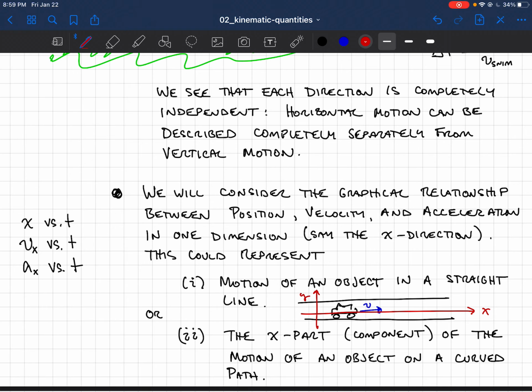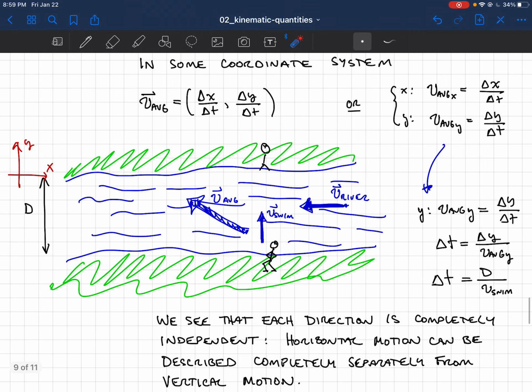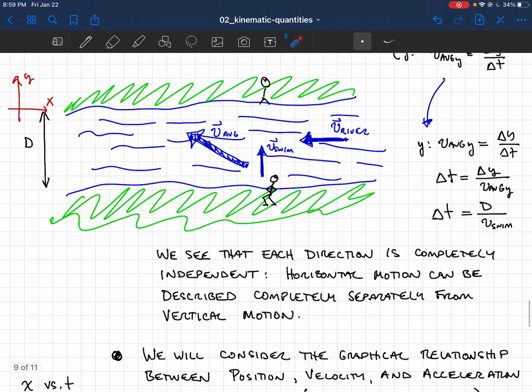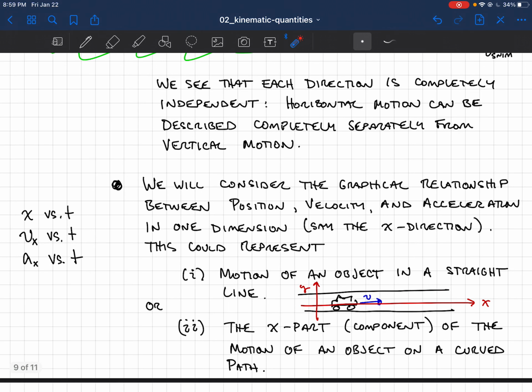So it doesn't move in the y direction at all, so we only need to keep track of the x value as the car moves along, and then because of the way the equations work, we only need to keep track of the vx value and the ax value. That's one possibility. But because of the fact that these equations separate out completely, it's not the only possibility.